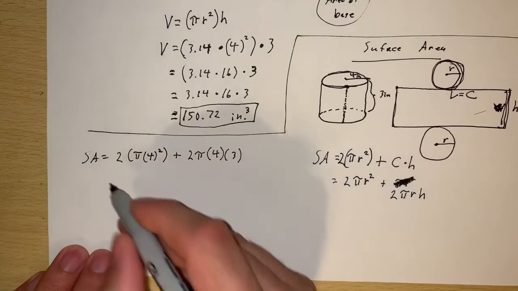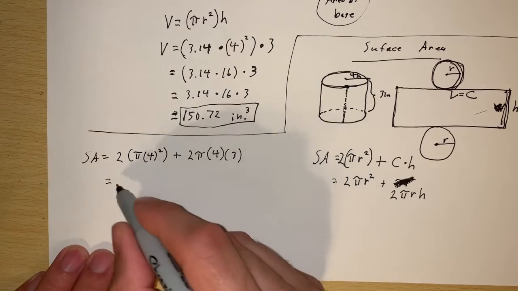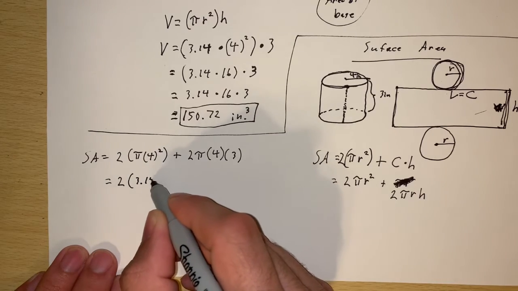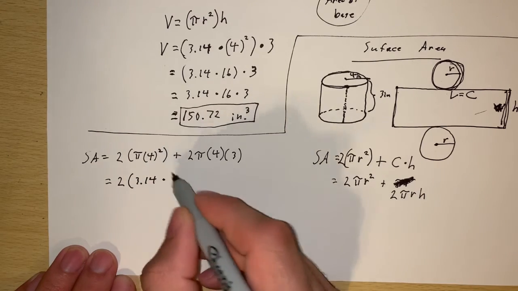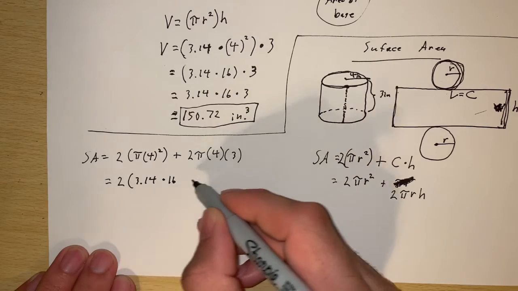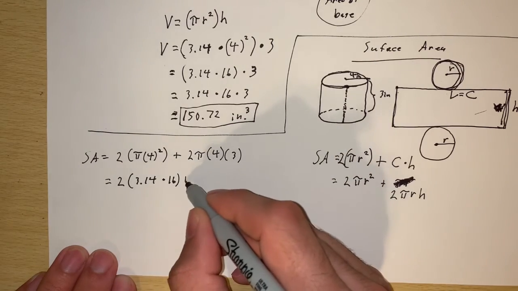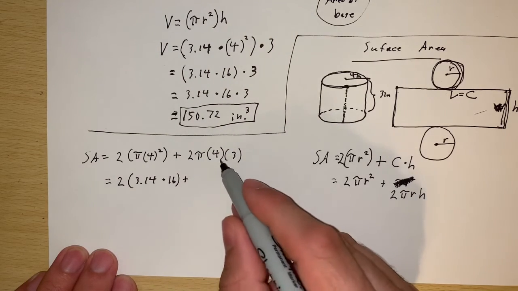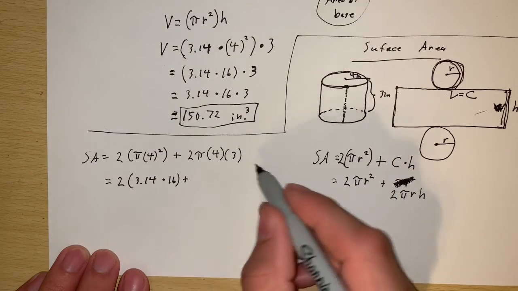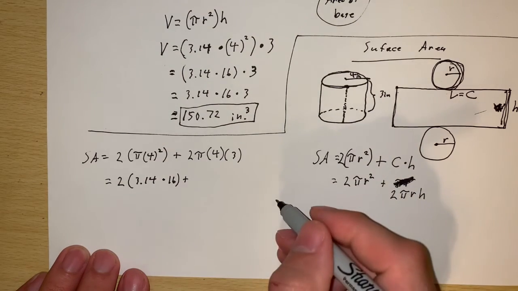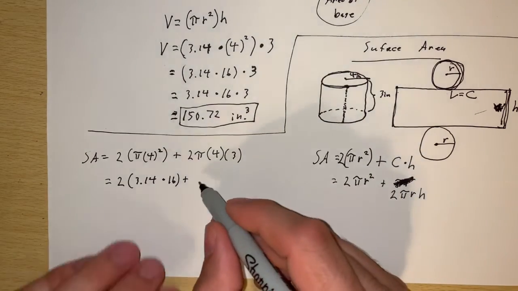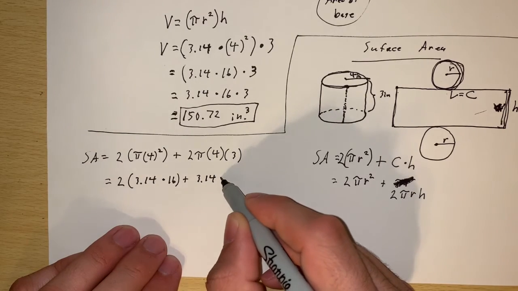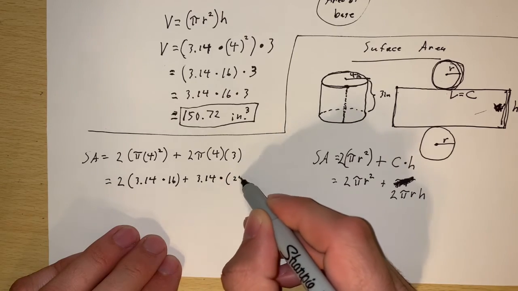Now we just have to calculate this out. Remember, pi is 3.14. In this case, 4 squared is 16. Then we have 2 pi times 4 times 3. 2 times 4 is 8, and 8 times 3 is 24. So this is 3.14 times 24.